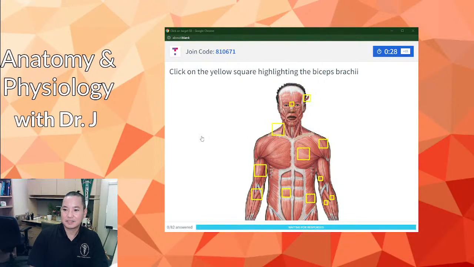Click on the yellow square highlighting the biceps brachii.